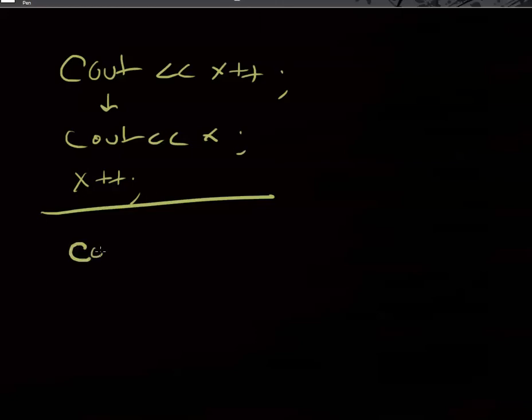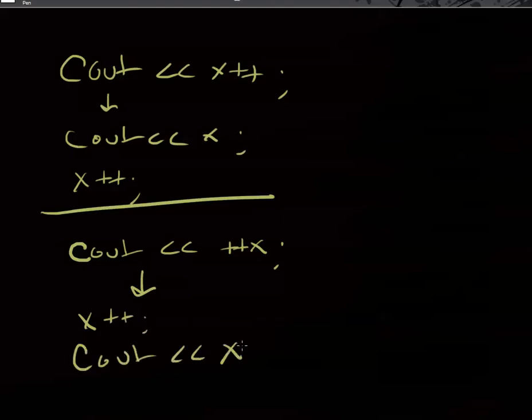If I did cout plus plus x, that would be equivalent to doing an x plus plus and then a cout x, which would certainly give us a different result. More often than not, we will opt to do the first version unless there is a strong reason to do the prefix style with plus plus x. And we'll use this plus plus notation quite a bit more when we start to do loops in a future module.